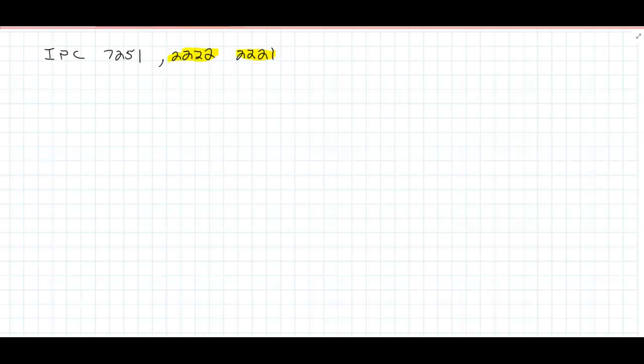So first off, in order to determine the hole size that we need to drill, we need to figure out what is the maximum lead diameter.